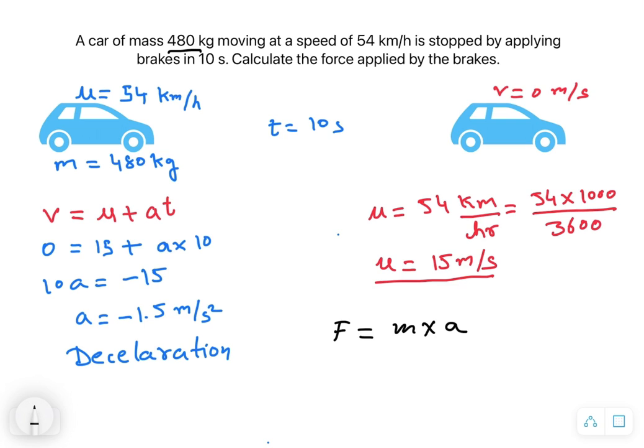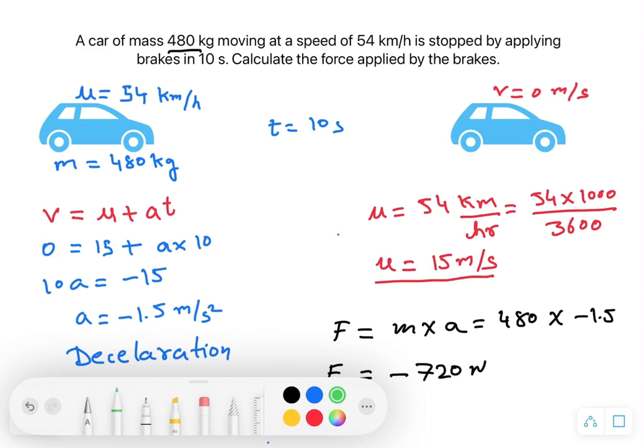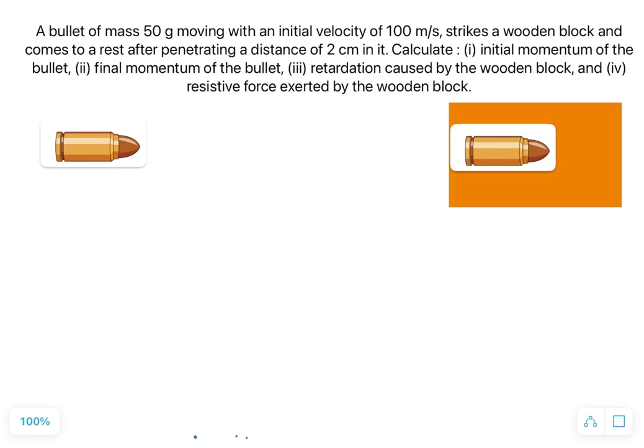Negative sign shows that it is slowing down. So m is 480 multiplied by minus 1.5. So F will be equal to, if you do the calculation, you will find that the force is minus 720 newtons.